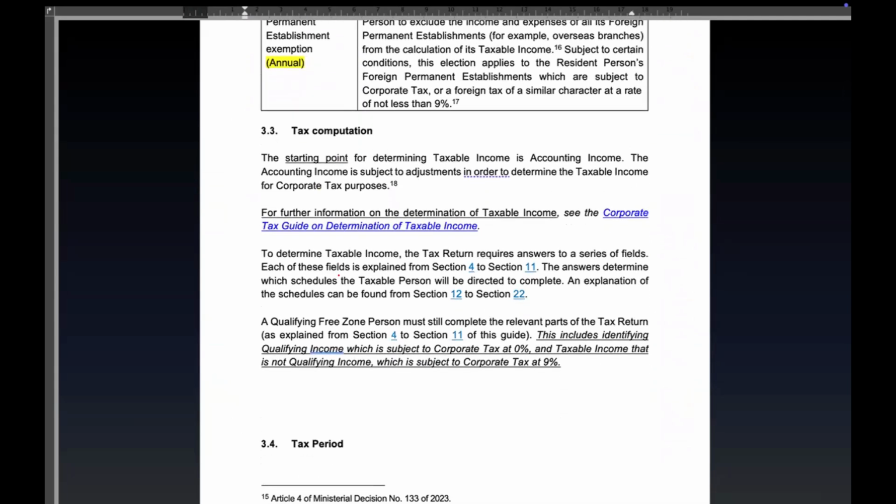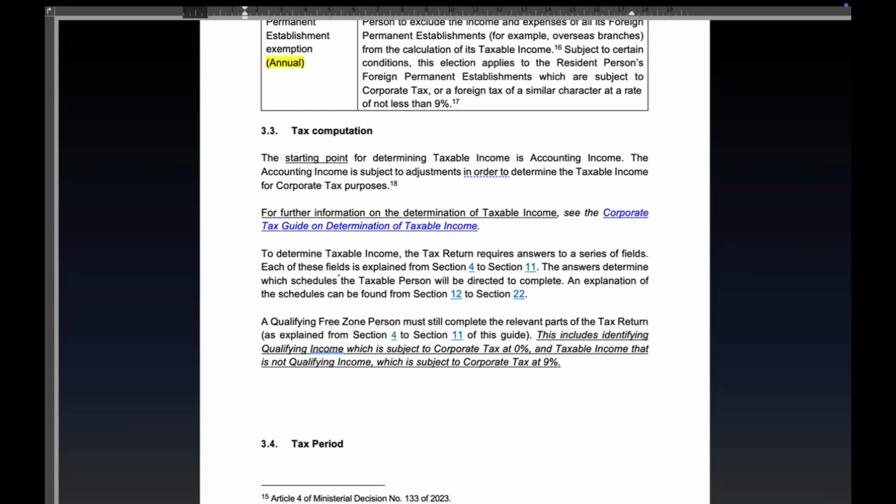Tax computation. The starting point, we need to start from the indirect method. We need to start with the accounting income, then make the adjustments. The reason is that the requirement of the law is different from the requirement of the accounting standard. We have discussed this so many times.